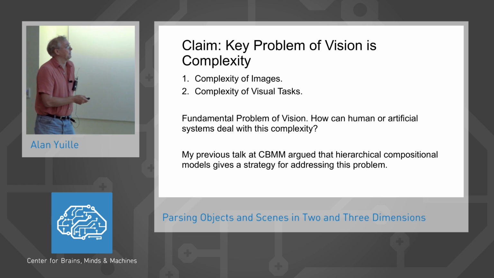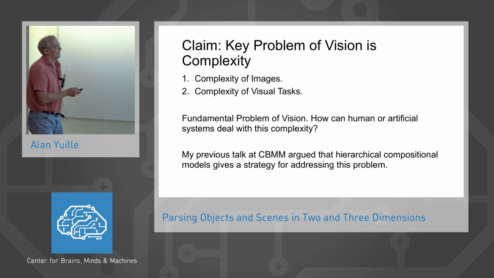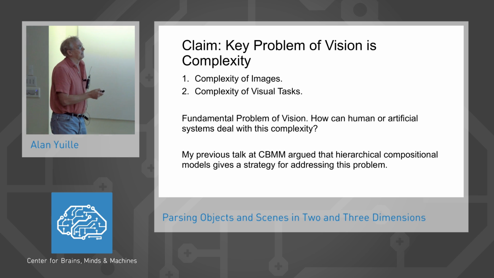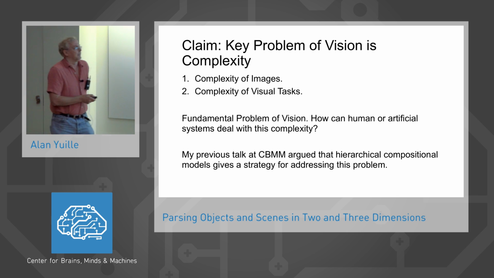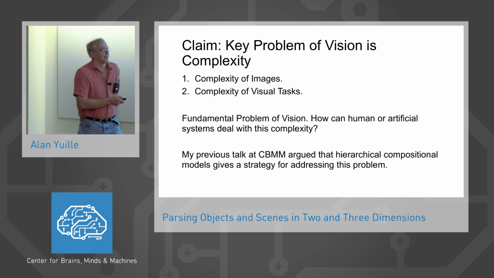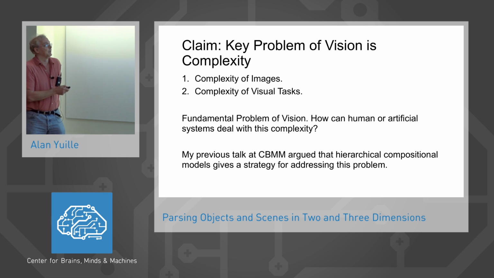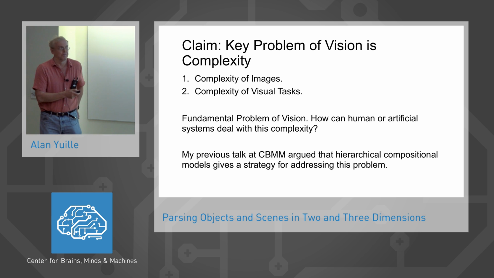There are different types of complexity, however. One is the complexity of images themselves, and another is the complexity of visual tasks. I'd argue that the computer vision community is doing a fairly good job of moving to complexity of images, but is rather more neglectful of the complexity of tasks.